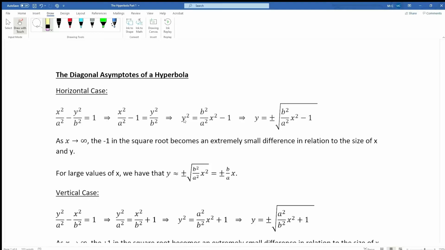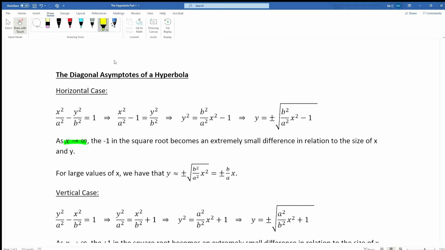So we get y squared equals b squared over a squared times x squared minus 1. And so y is equal to plus or minus the square root of b squared over a squared times x squared minus 1. And then to use the terminology of limits here, as x approaches infinity, what's happening?